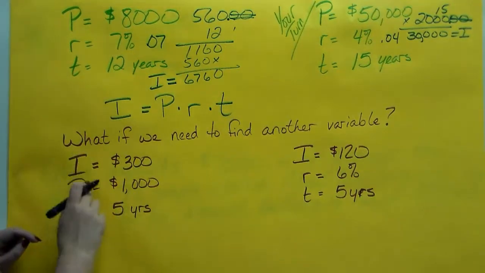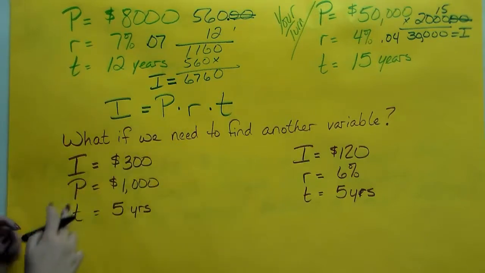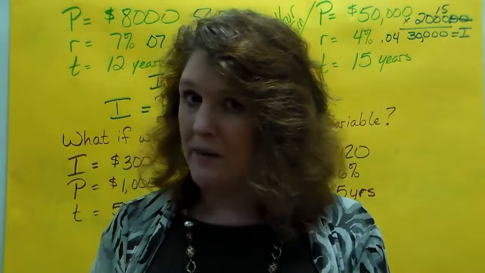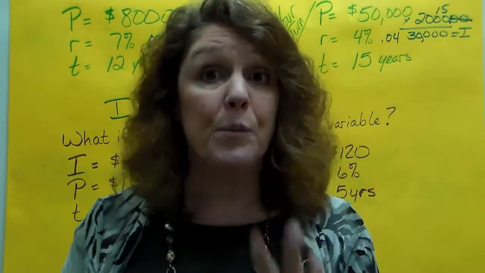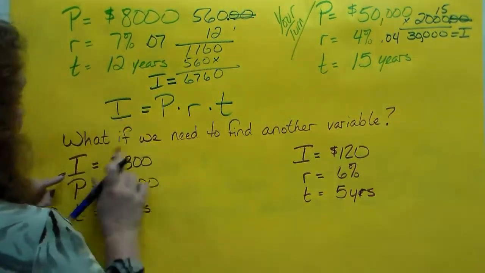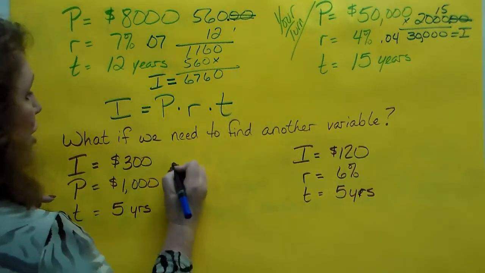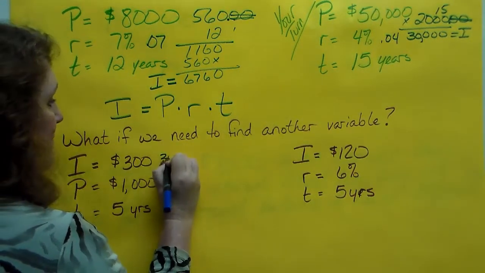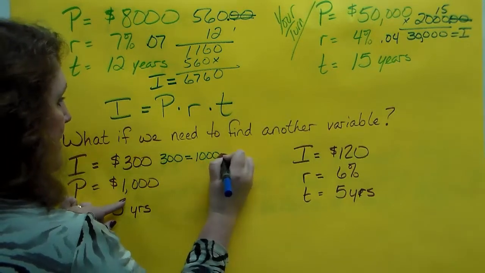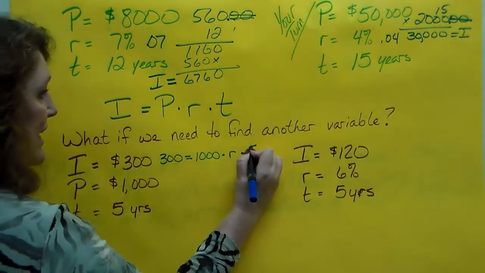Well, what if we've got interest and principal and time and we need rate? Here's where we have to get good at manipulating equations. We've talked about this a bunch of times, but here's another place where we need to get good at it. So we're going to put all of these numbers in these slots. I equals P times R times T.